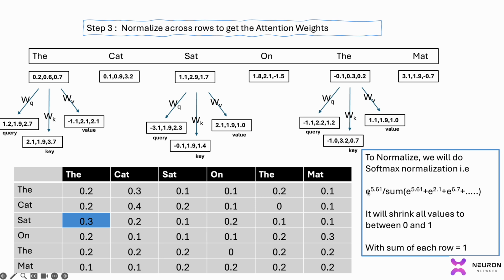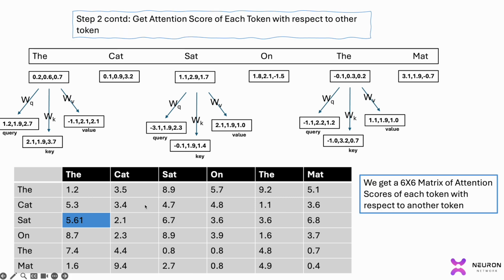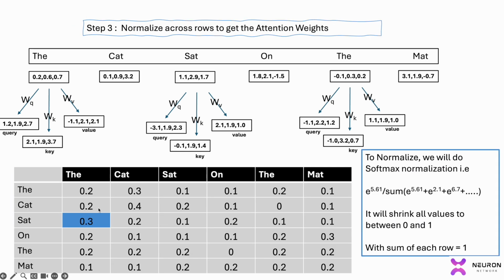It's the softmax normalization. If you know softmax, that's fine. Otherwise: e raised to the power of this number, divided by e raised to the power of this number plus e raised to the power of this number, and so on. So the denominator is the summation of e raised to the power of the individual numbers, and the numerator is e raised to the power of the individual number. So you can see that we are getting it normalized in a softmax fashion.